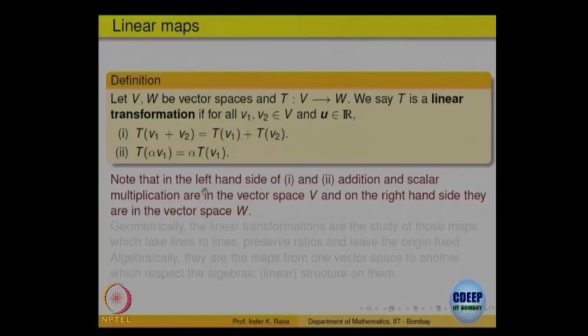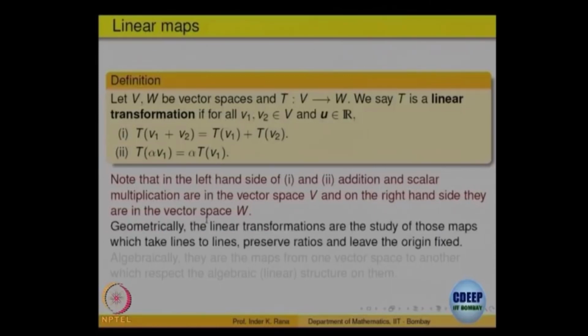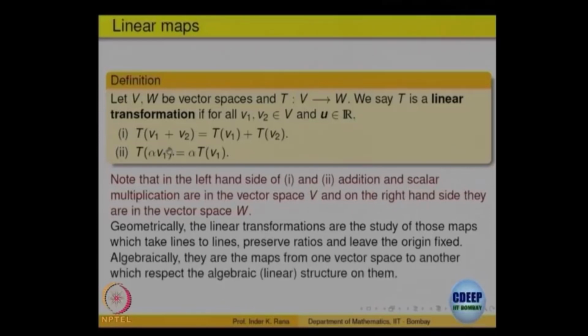So, here addition is in the domain, here it is in the codomain, scalar multiplication in the domain, and here it is in the codomain. So, geometrically a linear transformation, as we said, takes lines to lines, preserves ratios and leaves the origin fixed. Algebraically, what this essentially says is that there is a linear structure in the domain and a linear structure in the codomain. So, it gives due respect to the corresponding structures in the domain as well as the codomain, that is the algebraic meaning of it.